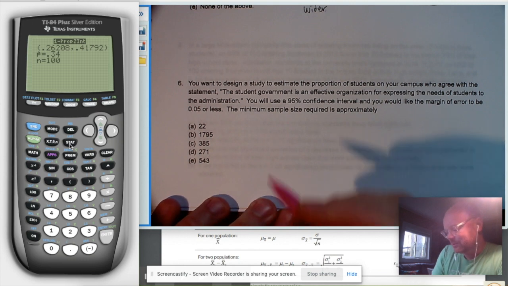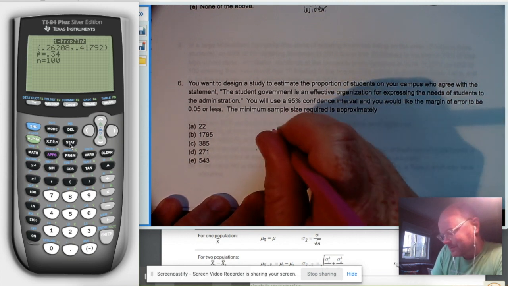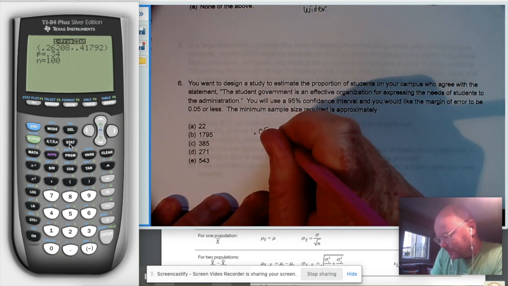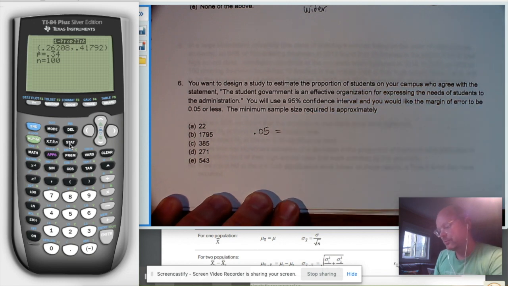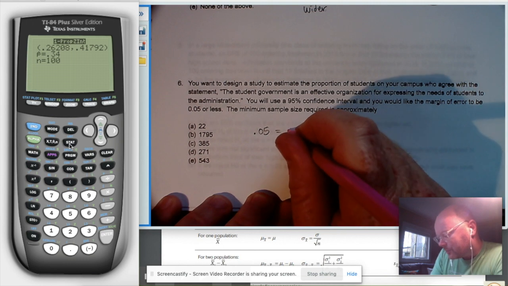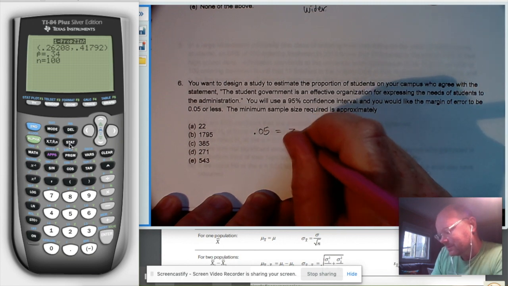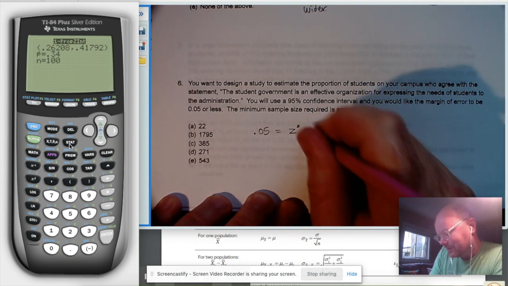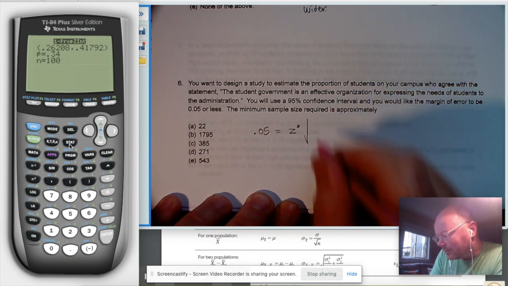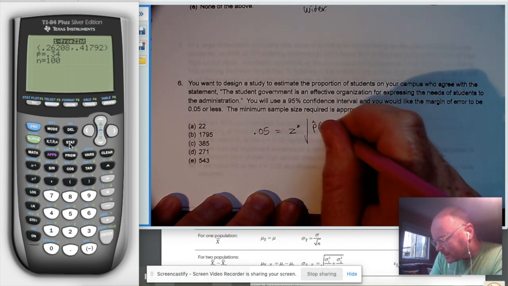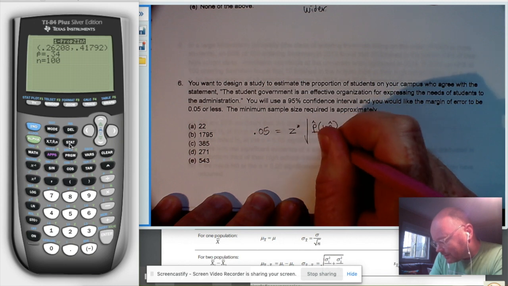But don't be afraid of algebra. We want the margin of error to be 0.05. Actually, technically, we want it to be less than 0.05. The formula for the margin of error, though, is always some magic z value times the square root of p hat (1 minus p hat) all over n.